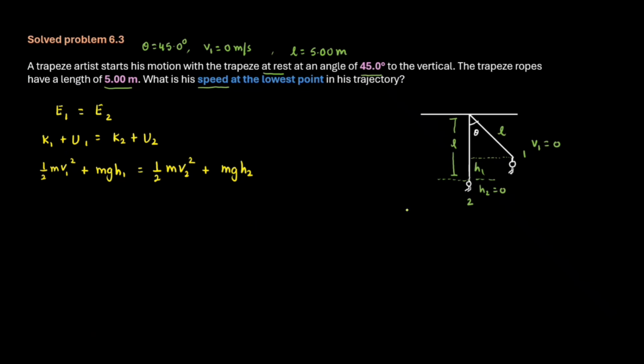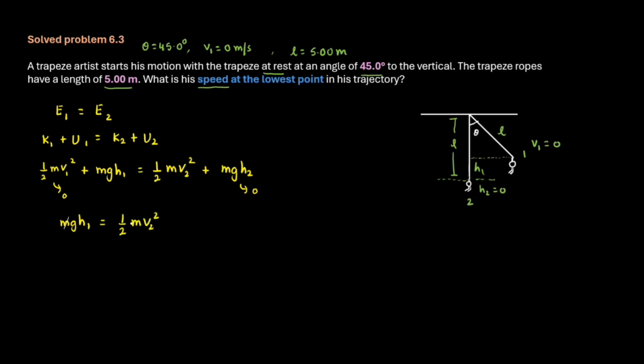We already determined that h2 is 0, so m g h2 will be 0. Speed v1 at position 1 is also 0, so half m v1 squared will be 0. So we are only left with potential energy at point 1, m g h1, equal to kinetic energy at point 2.